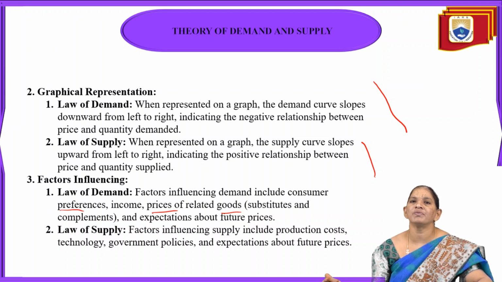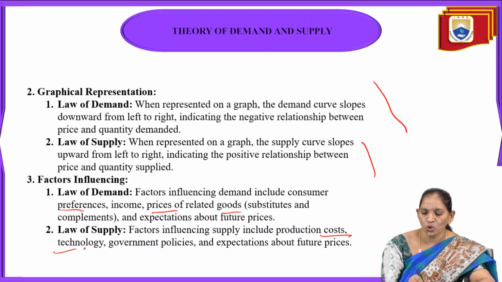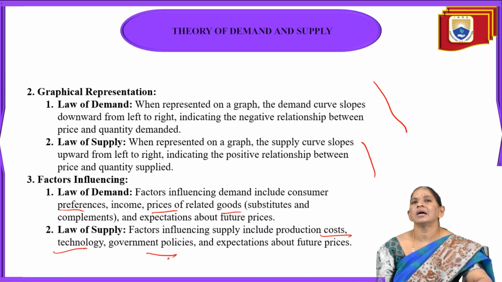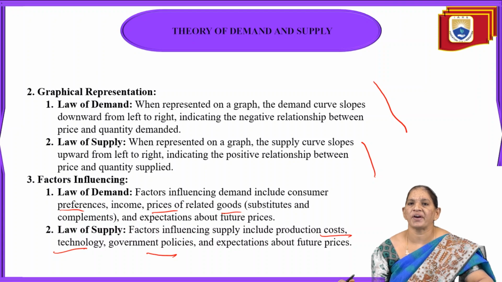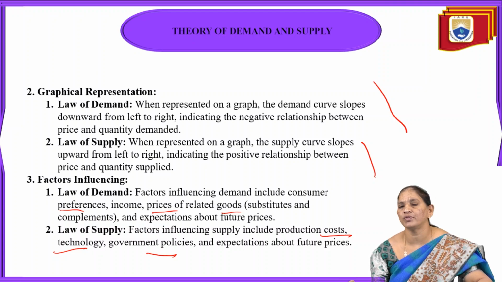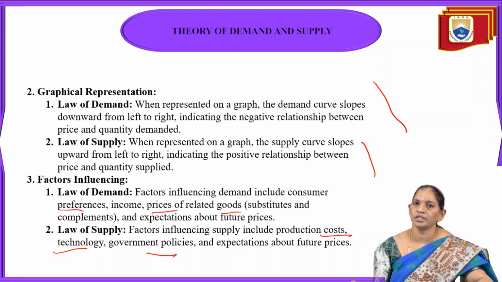But the law of supply includes factors like production cost, technology, government policies, and future expectations. This means more dynamic economic factors come into play in the law of supply, while goods information and pricing substitution are considered in the law of demand.